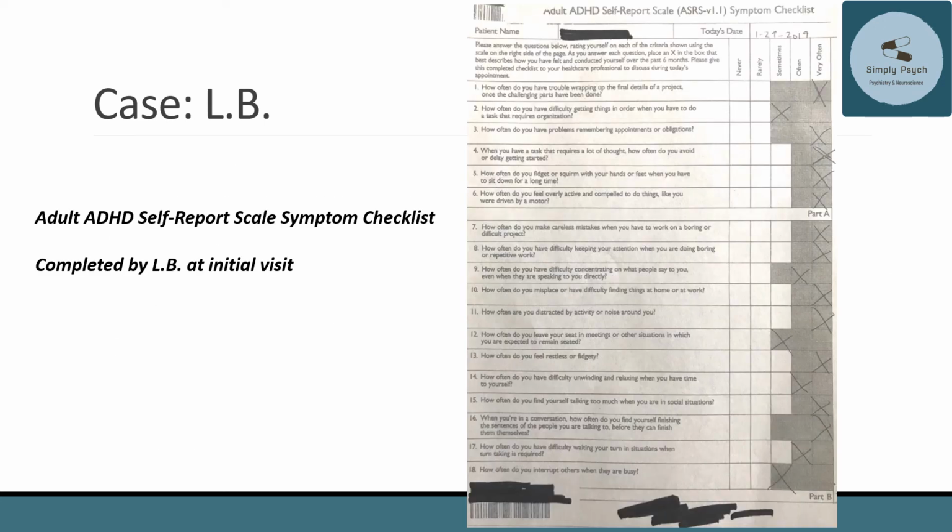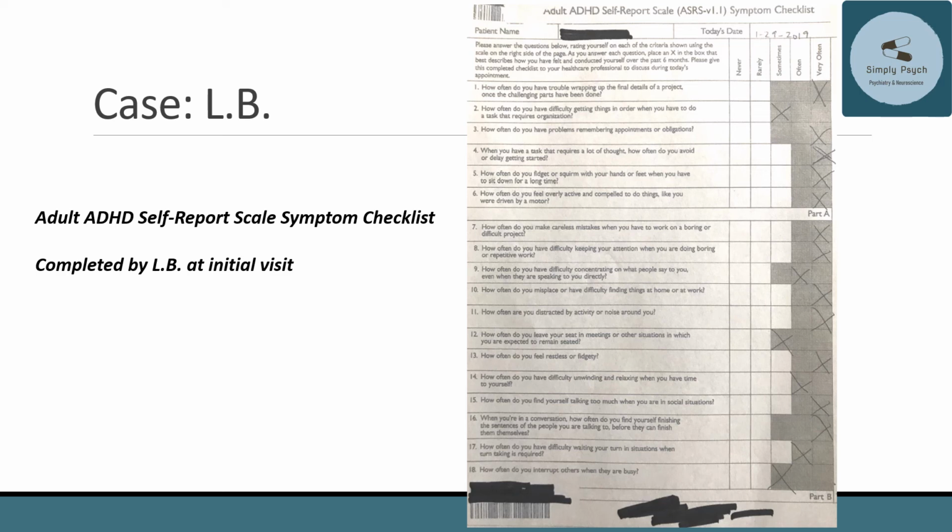This was her adult self-report scale symptom checklist, and I just wanted you to see this because if you notice the shaded boxes, the more X's that the patient puts in the shaded areas in both Part A and Part B, the more likely the diagnosis. This is not a diagnostic tool.